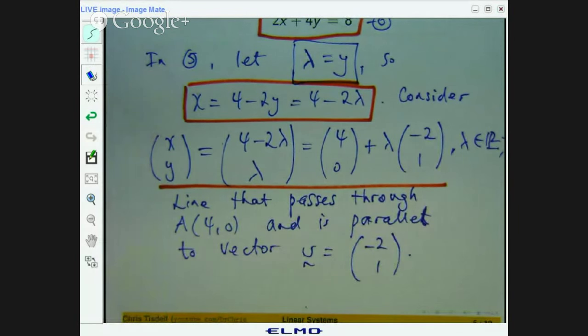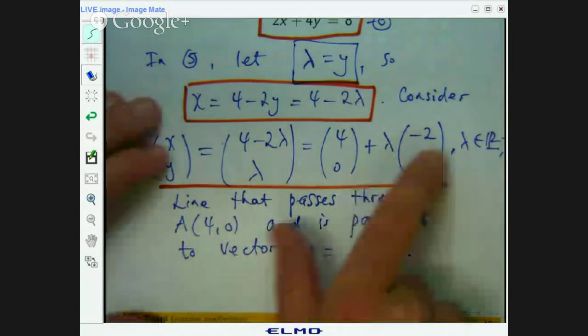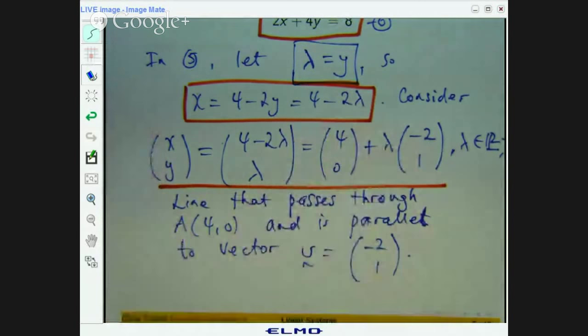So if you really wanted to finish off that last question, that's how you do it. If you're not sure about where this comes from, I have lots of videos on the parametric vector form for a line and stuff like that.